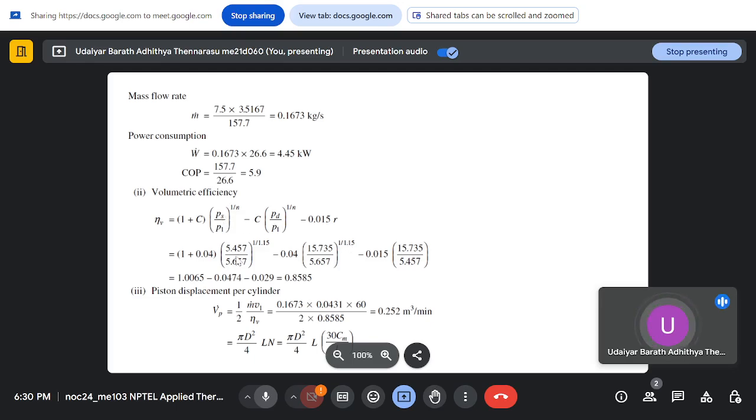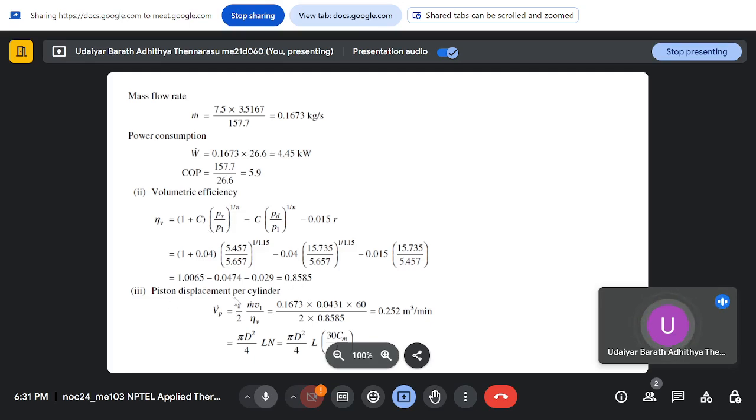Substituting the values here, PS is your suction pressure, P1 is your inlet, the saturation pressure at the evaporator. Substituting all these values, I get the volumetric efficiency as 0.8585.